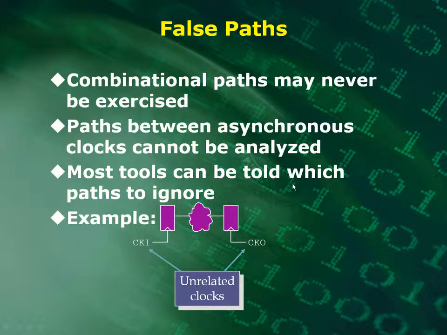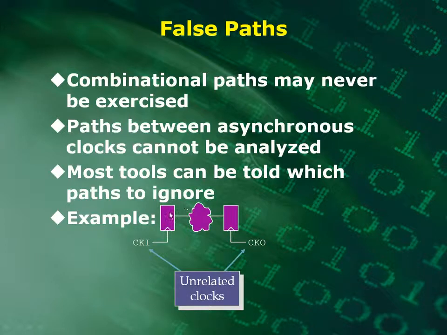There's also things called false paths. Okay, like in this case here for this example, here I have two unrelated clocks. Okay, and maybe I have to do this. Maybe there's a real reason, and there's logic in between. However, we don't want it to give us a warning or some failure that we're not meeting timing analysis. So typically most tools will have some sort of input to declare that there's a false path.